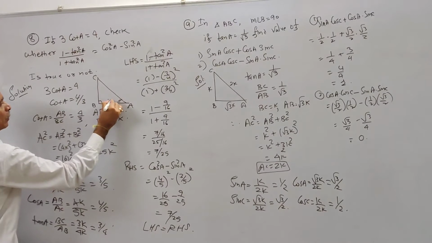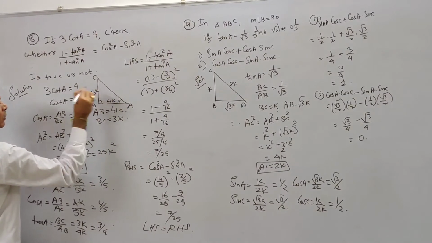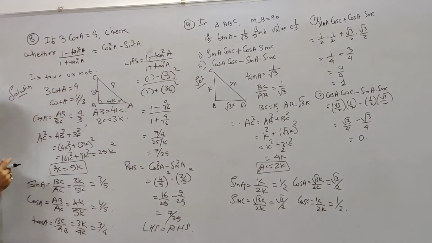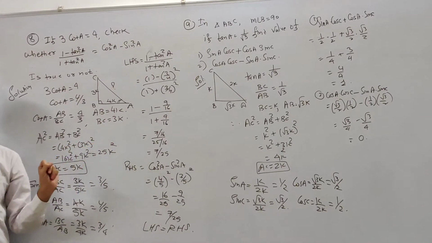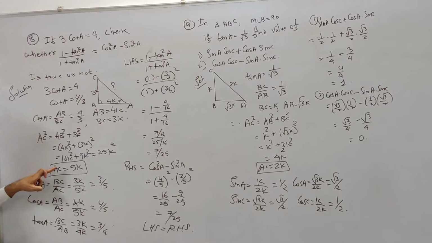You can easily find out the value of hypotenuse with the help of Pythagoras principle. So AC square is equal to AB square plus BC square, 4K square plus 3K square, 16K square plus 9K square is equal to 25K square, meaning AC is equal to 5K.